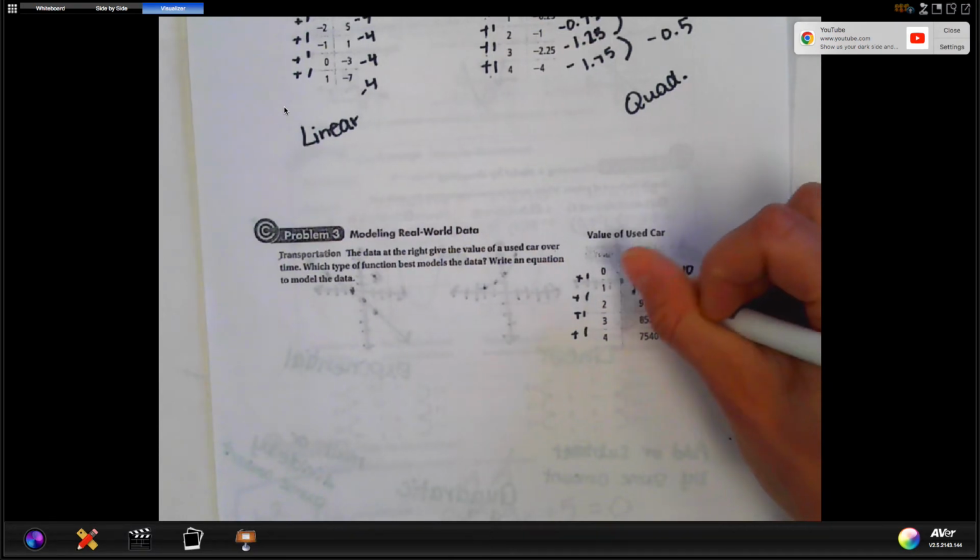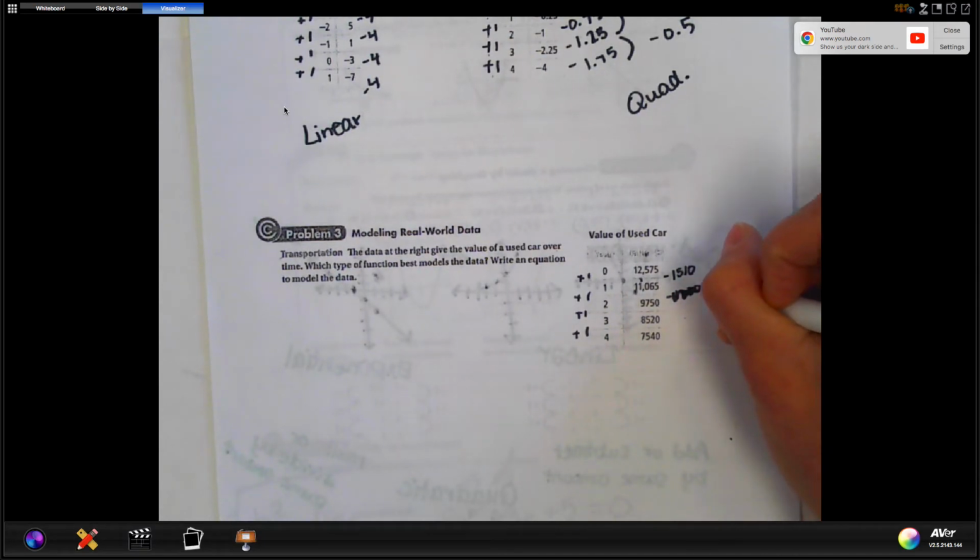Okay, is this one the same? No. 11,065 minus 9,750, minus 1,315. So already we don't have a common difference here.